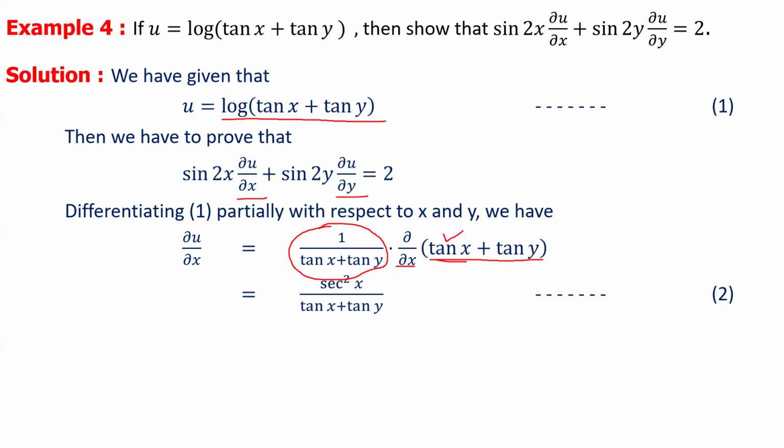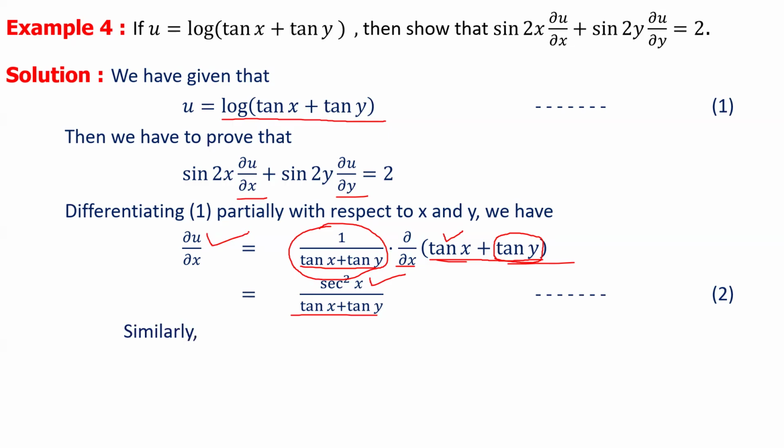It is sec square x. And the partial derivative of tan y with respect to x, since x and y are independent, will be 0. So we have only sec square x upon tan x plus tan y. This is the partial derivative of u with respect to x.